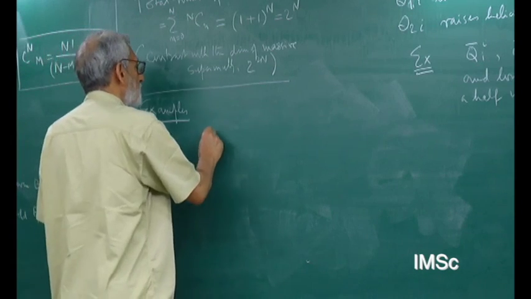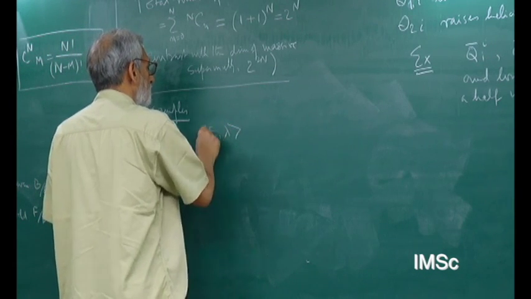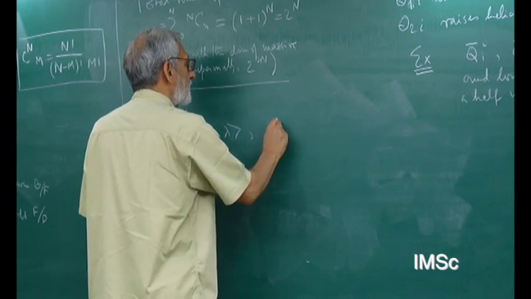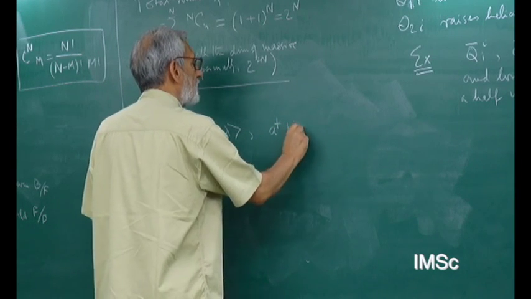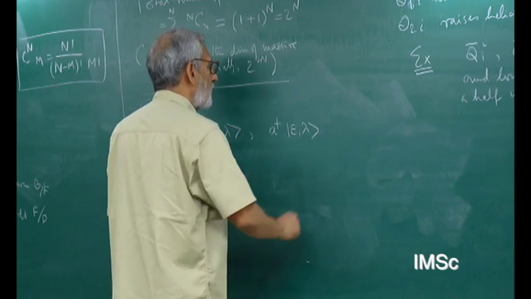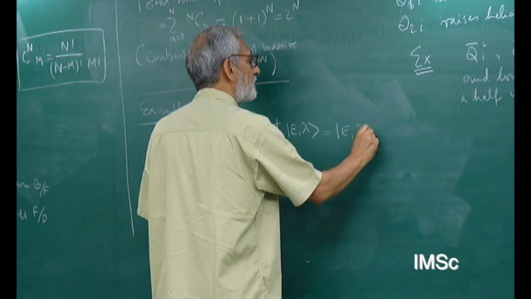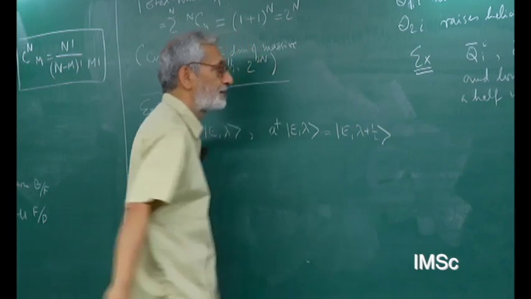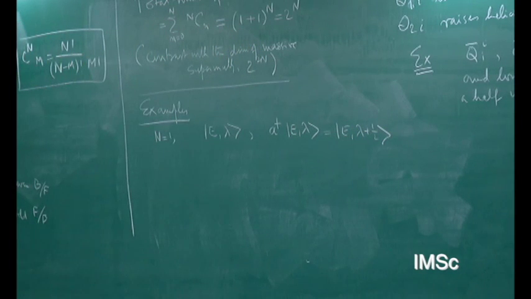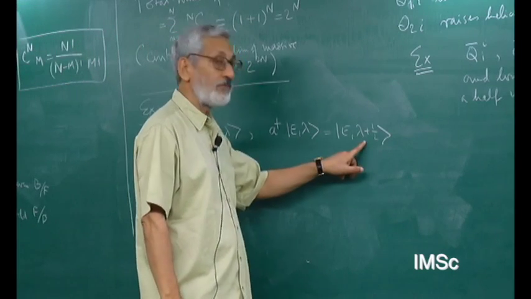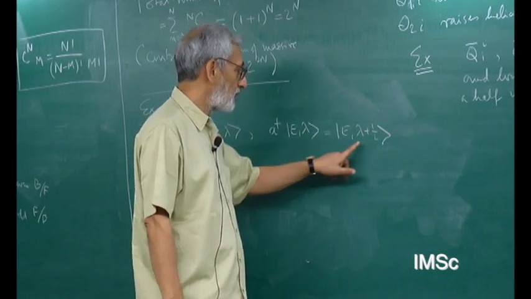So if we have a starting vacuum state with helicity lambda, then I can create a state by acting with one A dagger on it, and that makes an n equal to 1 supermultiplet, with starting helicity lambda, one component with helicity lambda.